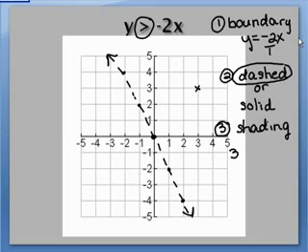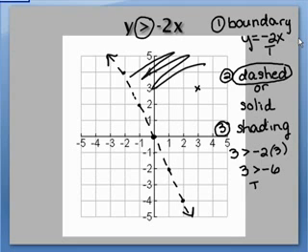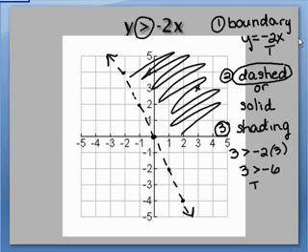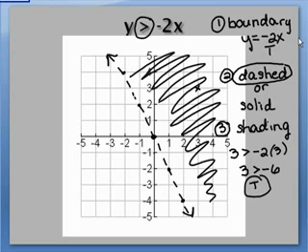So we say is 3 greater than negative 2 times 3. We get 3 greater than negative 6. And yes, it is. That's a true statement. So we shade on the same side that that point was at. So the point 3, 3 is up here. So we want to shade above the line then. We have to shade and include that point because it was a true statement.